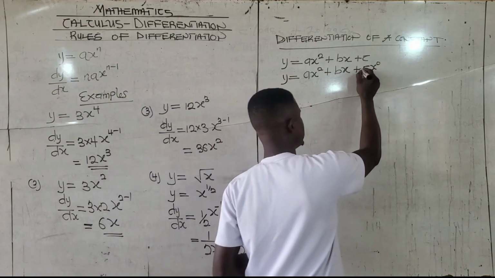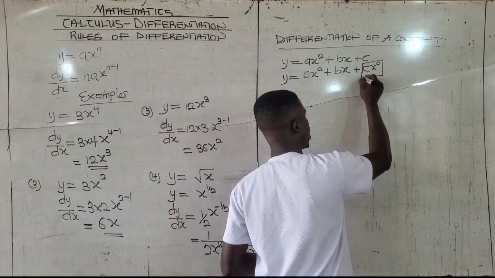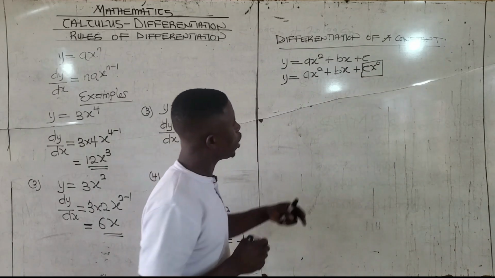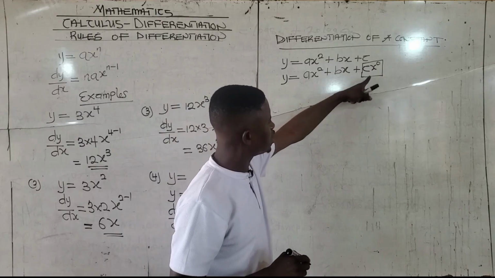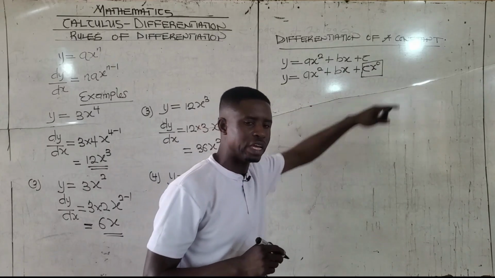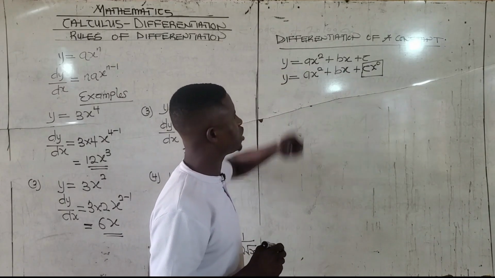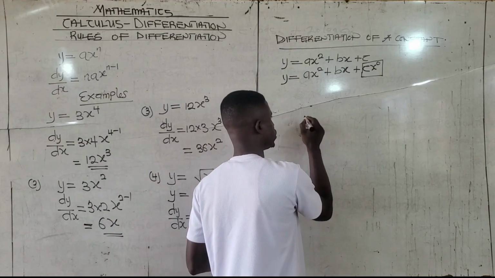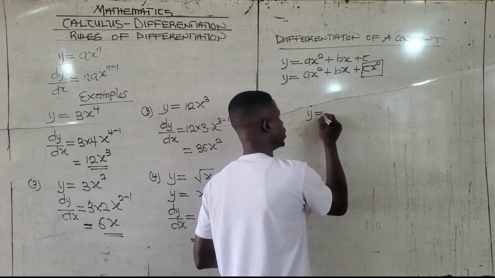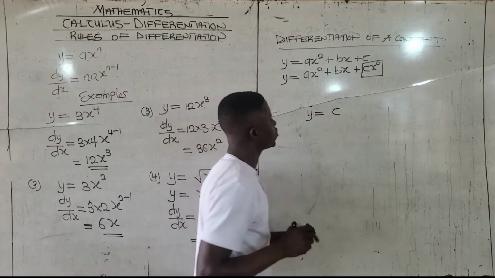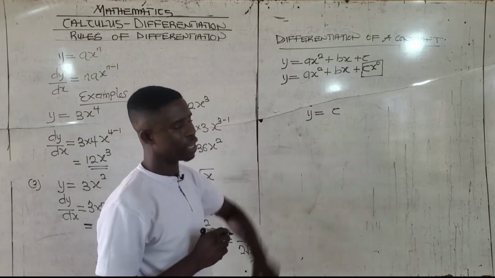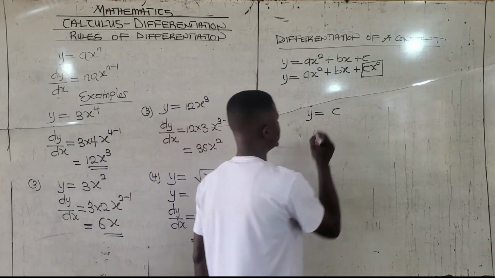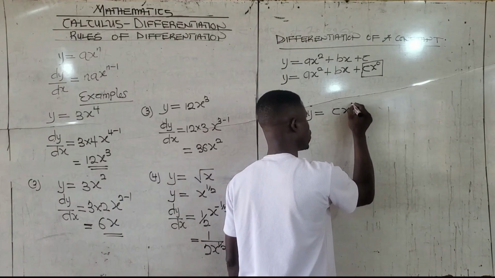So this expression here is called our constant. So anytime you are differentiating your constant, what do you get? That's what we call differentiation of a constant. So let's see. If you are having an expression of the form y equals c, and in this case c is a constant, don't forget that this c is having an x to the power 0.